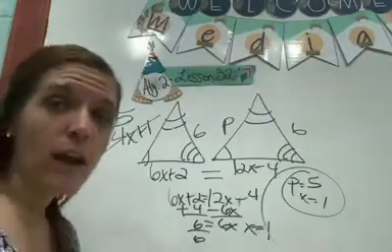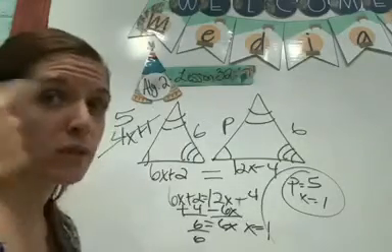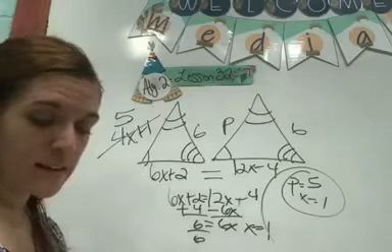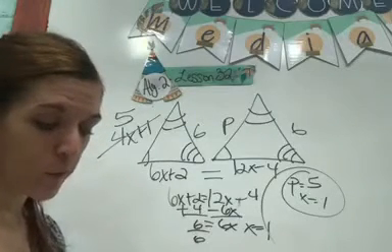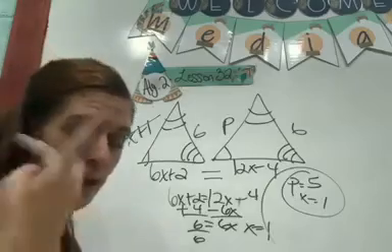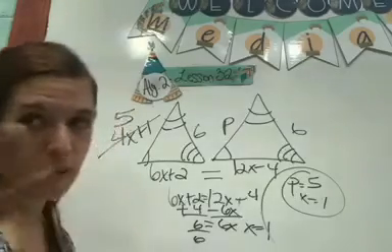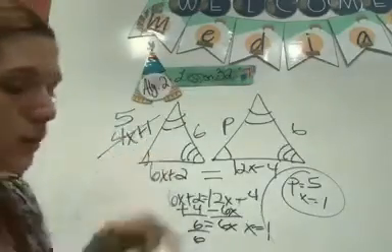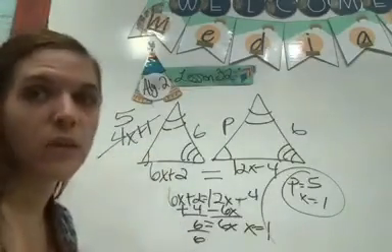AAA means angle, angle, angle, so all three angles are the same. But look, one of the sides is also the same. It says two corresponding sides have a length of 4. So that means the triangles are actually congruent. So I give that to you, which means you can do the process that you did here. Go ahead and do that. I'll give you your answers when you come back.